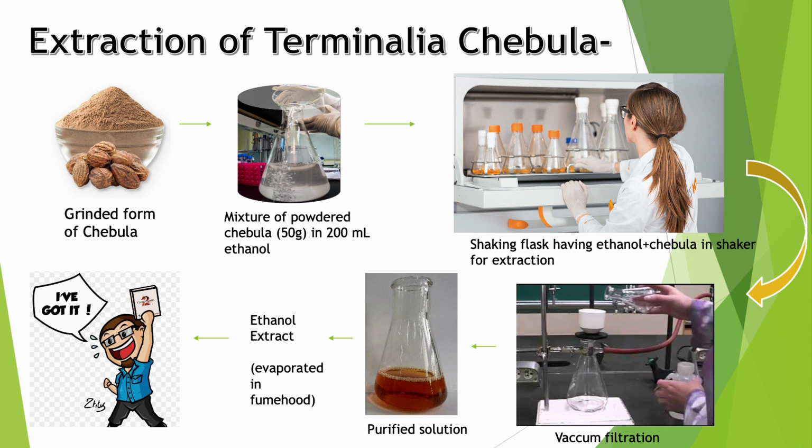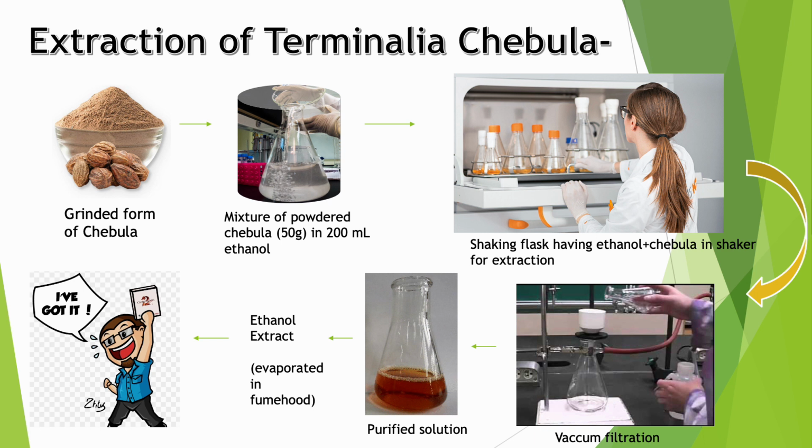After 48 to 72 hours, all the ethanol had evaporated and the powder form of the extract was left behind, which we scraped and collected inside a tube by adding 1 ml of ethanol again to make it a broth to use for the further procedure. Basically, in this first step of our project, we extract all the nutrients and supplementary particles from Terminalia chebula that are responsible for its antibiotic nature, with the help of ethanol.